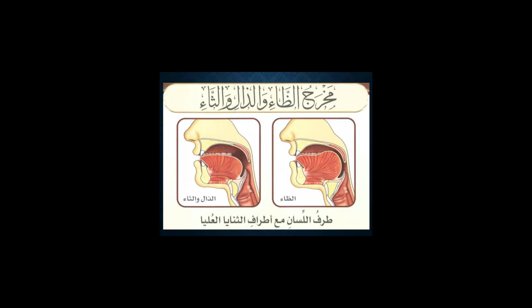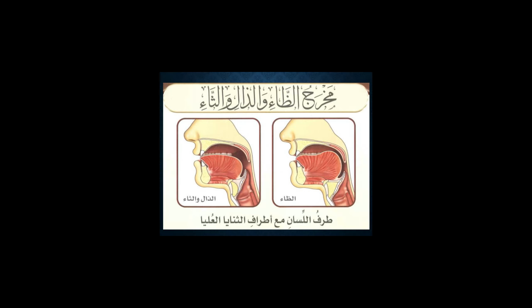And then again, this time, the tip of the tongue touching the tip of the incisors. So you open your teeth a little bit, keep a gap. The tip of the tongue now touches the tip of the incisors. And then you say ra, zal, and sa. So sa, sa.